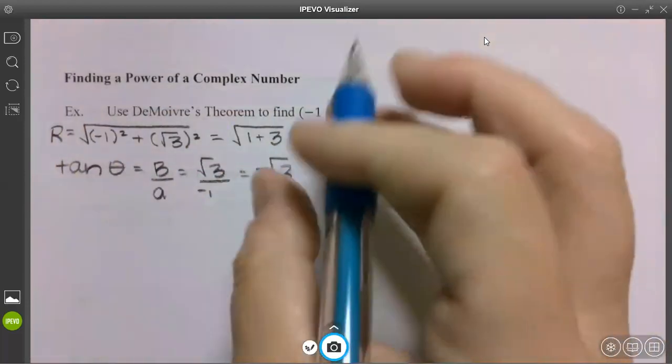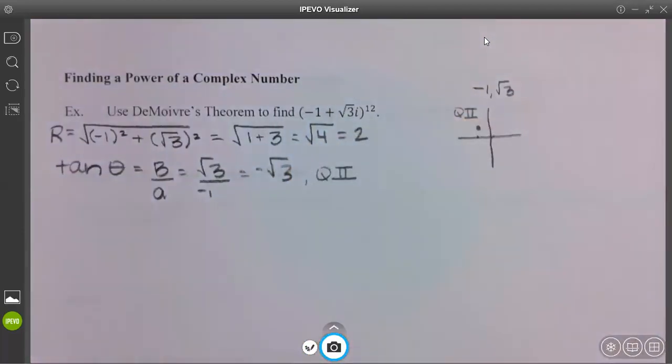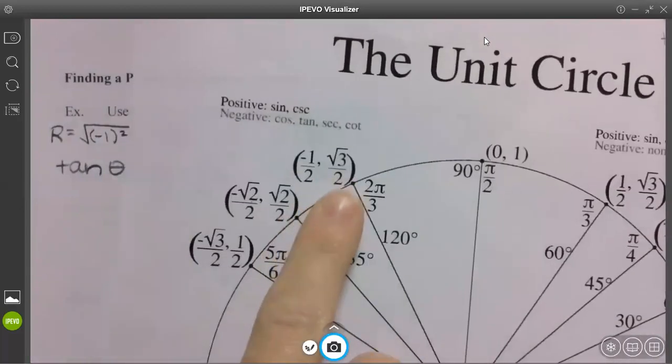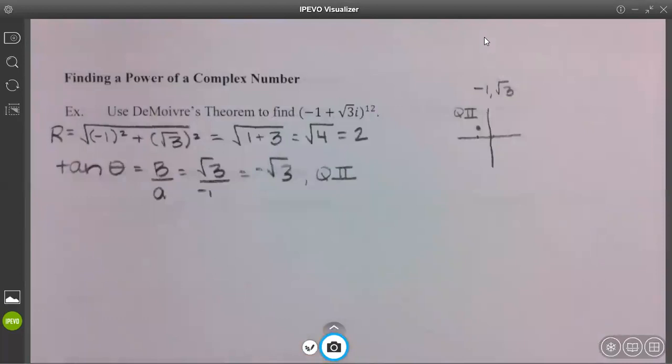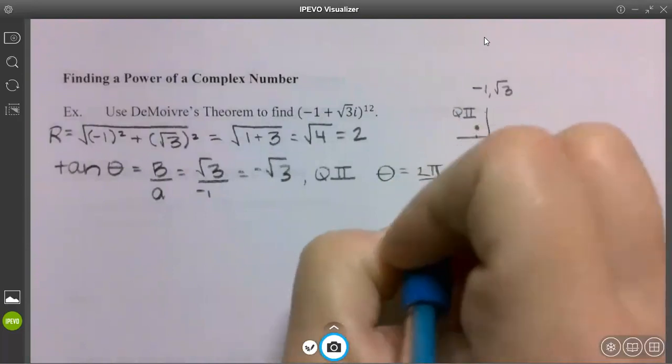So it's in quadrant 2. When we look in quadrant 2, we're going to get this one because this one's going to give you the negative square root of 3. Okay. Square root of 3 over 2. If we did this one, it would give you 1 over the square root of 3. We want this one. So theta is going to equal 2 pi over 3.